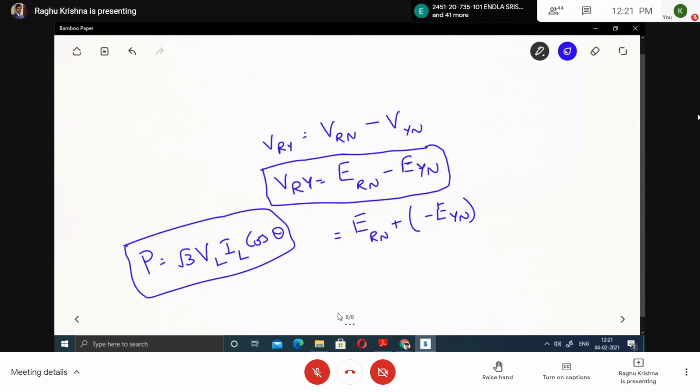Total power is equal to 3 V phase I phase cos theta, which is equal to root 3 VL IL cos theta.